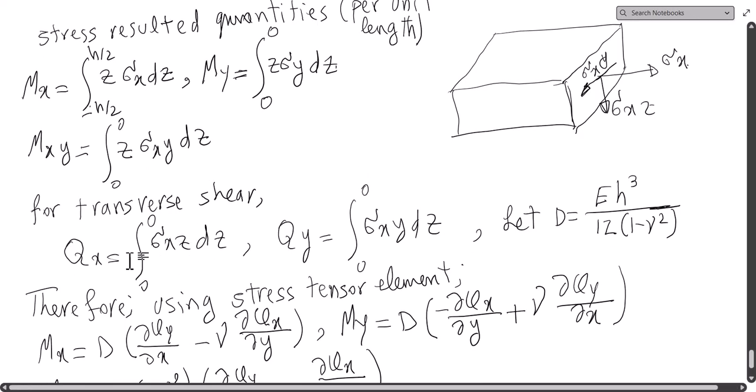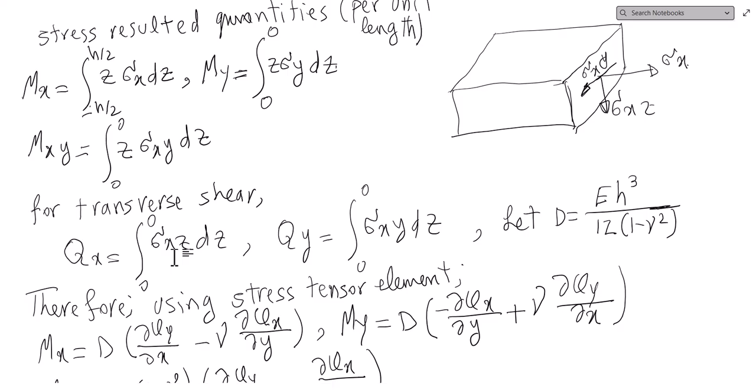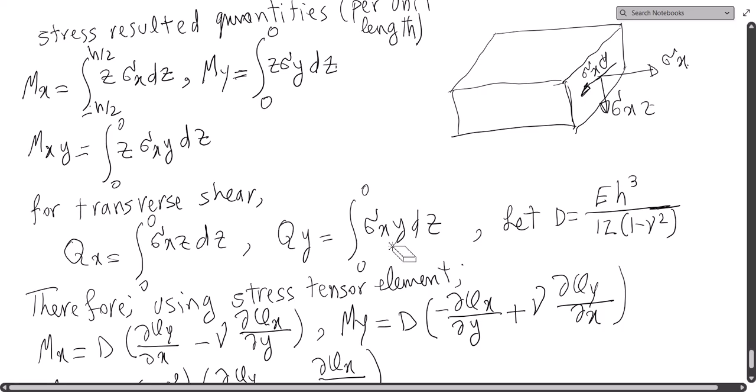Now for the shear, we do the same, and that is integrating the sigma xz and sigma x. Actually, this should be sigma yz.